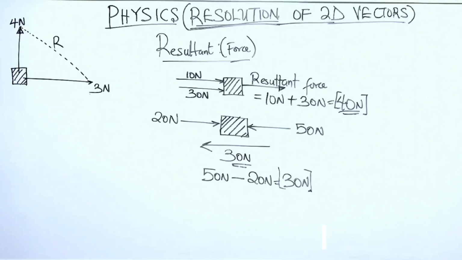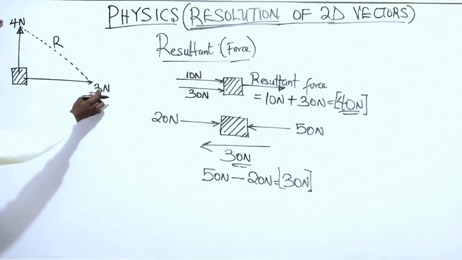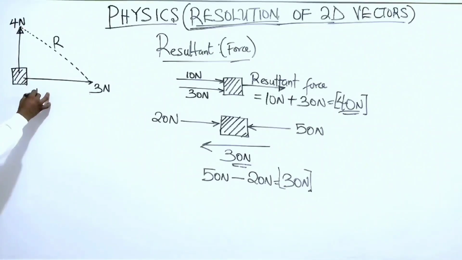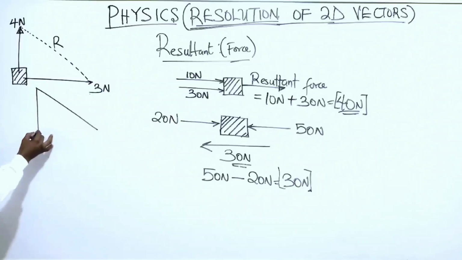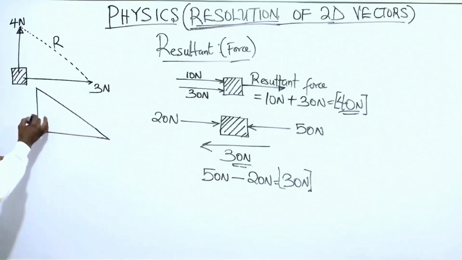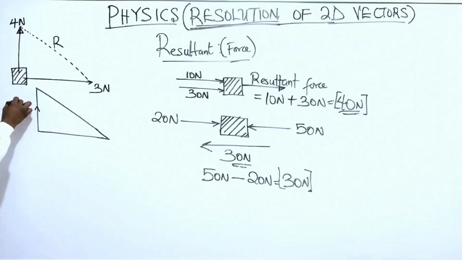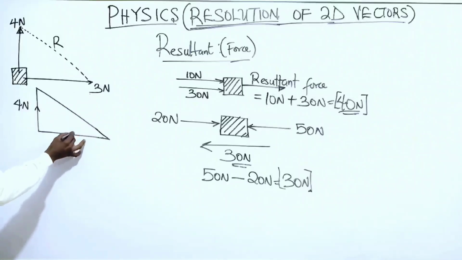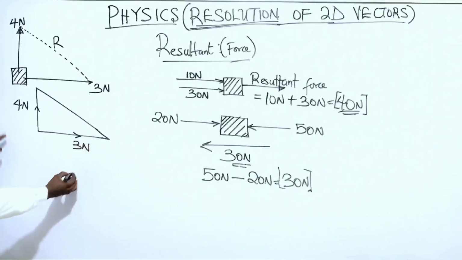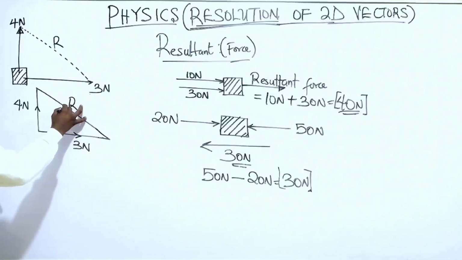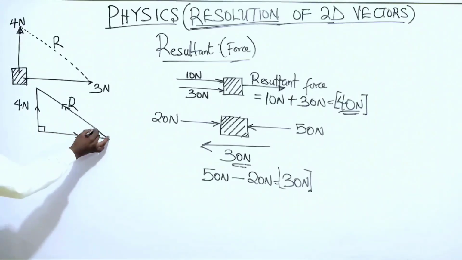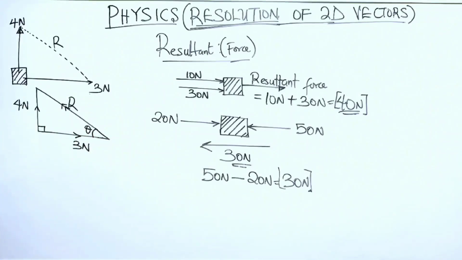So for us to get the resultant force of these two forces, by forming our triangle, this is our triangle, right? We said that this force here is 4 Newton, and this force here is 3 Newton. This is our resultant force, this is our angle 90, and this is our angle; we'll come to this now.